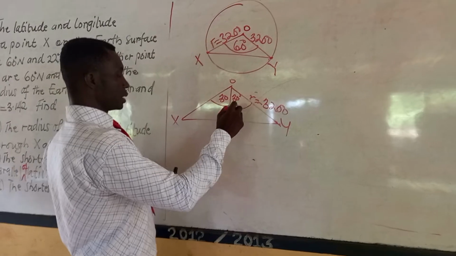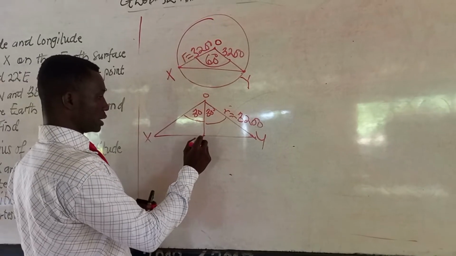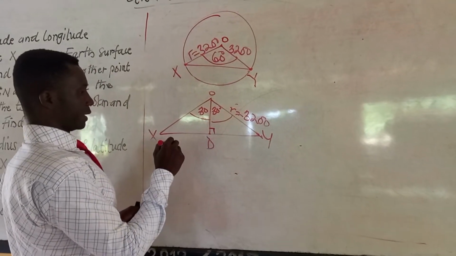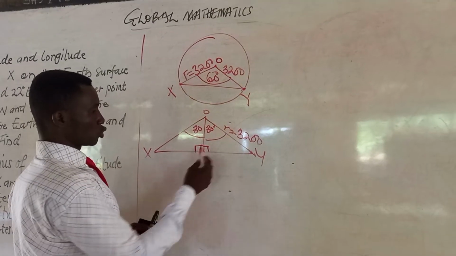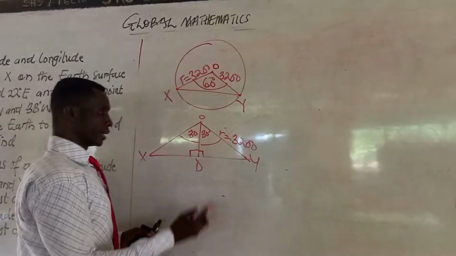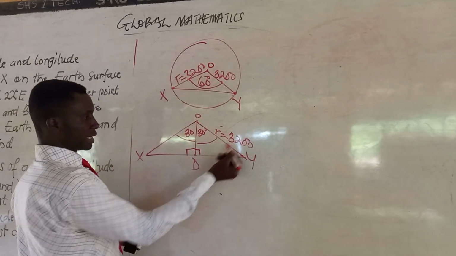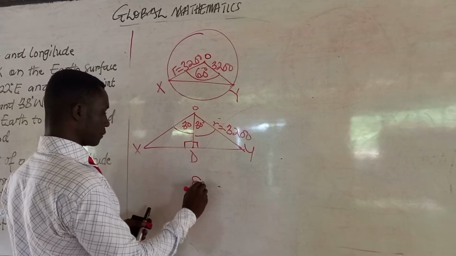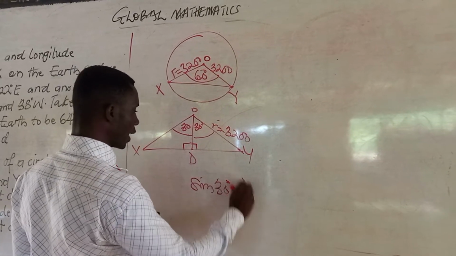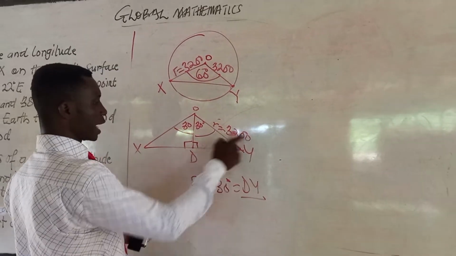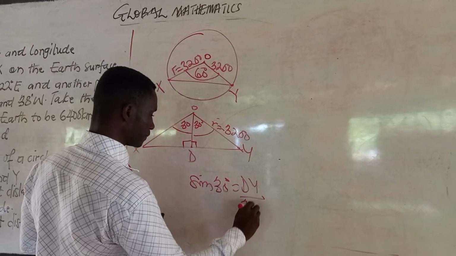To calculate DY, this is a right-angled triangle, and here is also 90 degrees. So we pick triangle ODY, this opposite and this hypotenuse, so sine 30 degrees is equal to opposite, which is DY, over the hypotenuse 3,200.